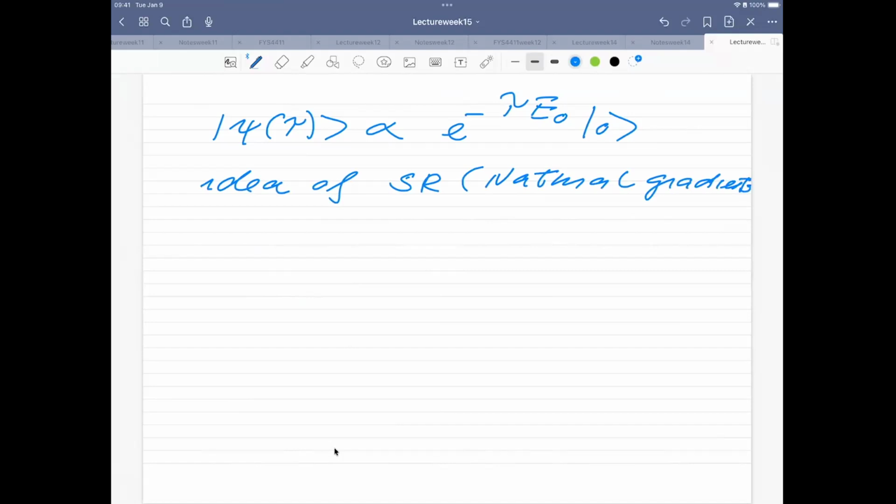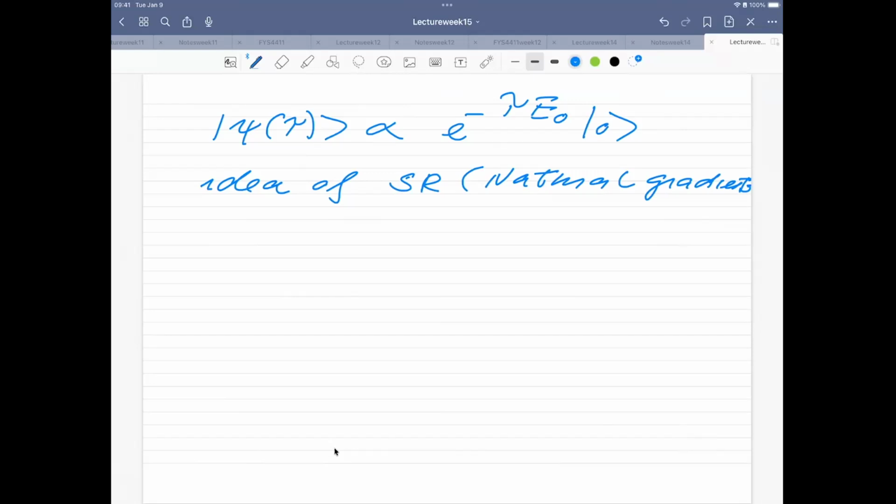So we are going to look at a small infinitesimal imaginary time step. We are going to project the resulting state back onto the manifold of variational states. And then we are going to interpret this projection as a parameter update of theta going to theta plus some delta theta. So let's take a look here at some minor technicalities.